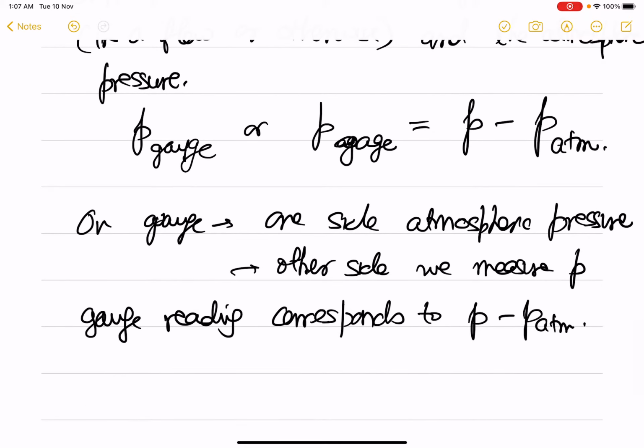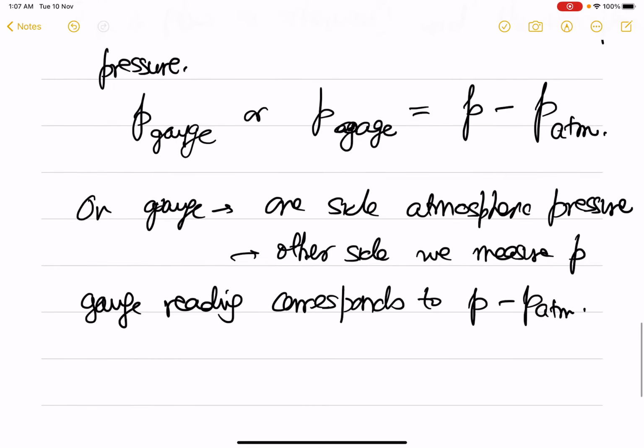So this is called the gauge pressure, and as we will see, the gauge pressure will often be used to calculate forces on bodies.